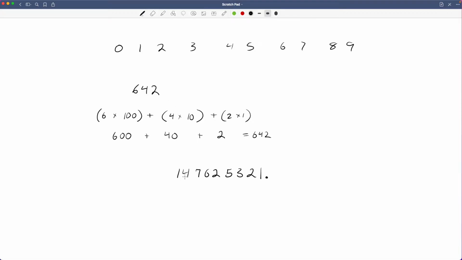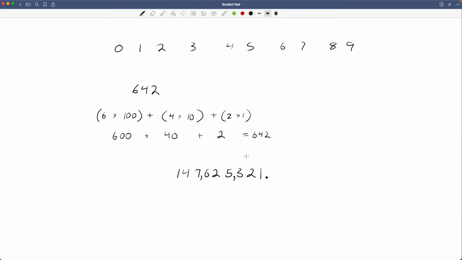It increases the value. Now, one of the things that we do to help us recognize that value and keep it straight when we look at it is we use commas. And what we do is we count 1, 2, 3 and put a comma, 1, 2, 3 and put a comma. And that just helps us to group them into repetitive groups that illustrate value better for us.